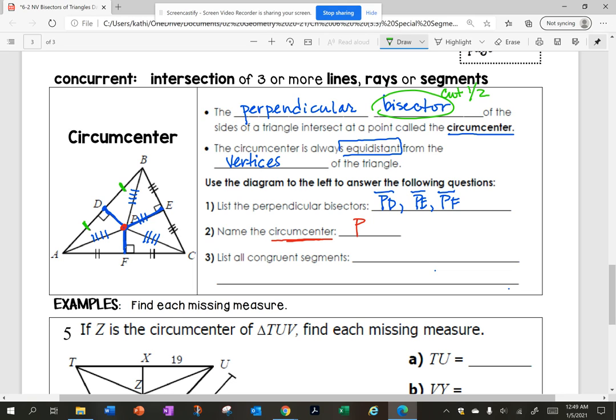So segment AD is congruent to segment DB. I know segment AF is congruent to segment FC. I know that segment BC is congruent to segment BE.